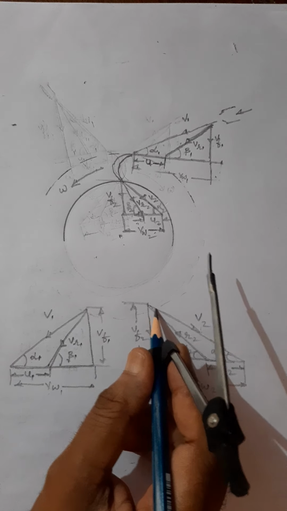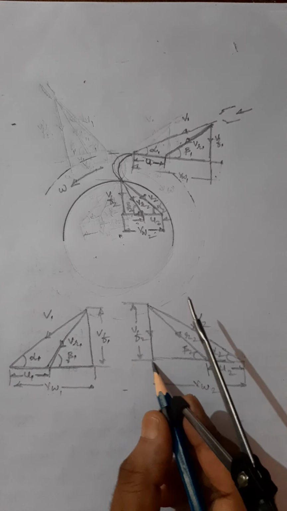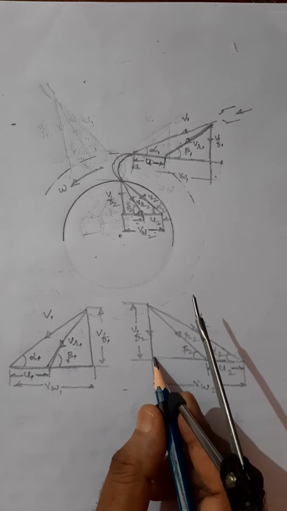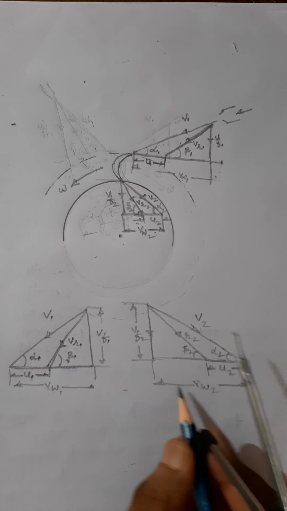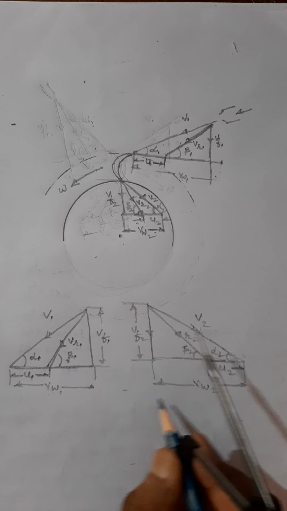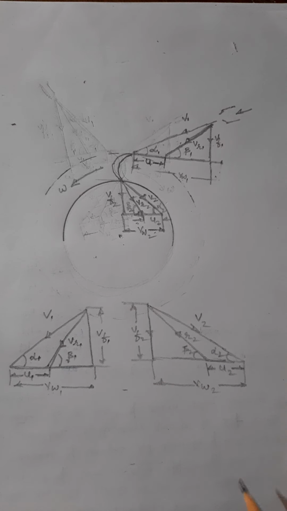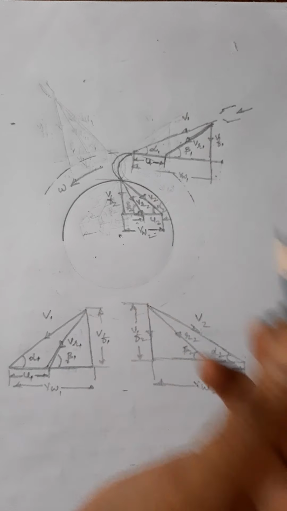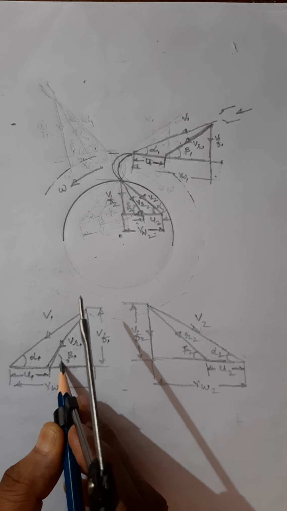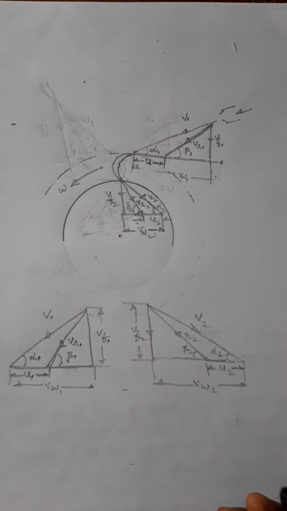Similarly, draw first V2 and its horizontal and vertical components and relative velocity, then alpha 2, beta 2, VW2, U2. So this completes how to draw the velocity triangles at inlet and at outlet. This is the inlet velocity triangle, and this is the outlet velocity triangle.